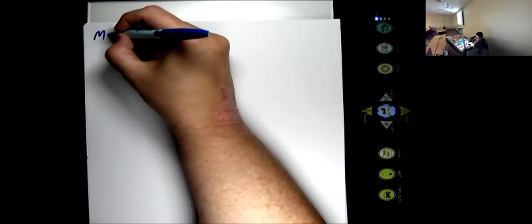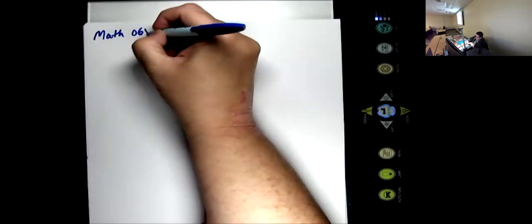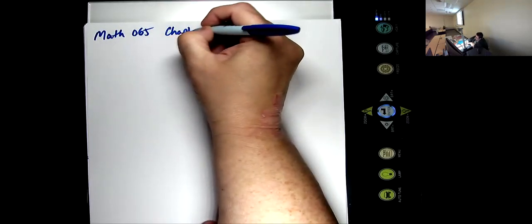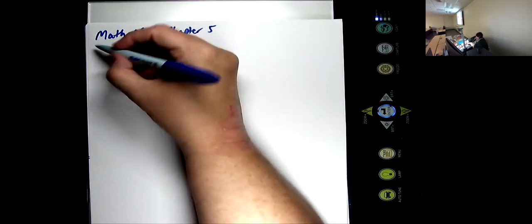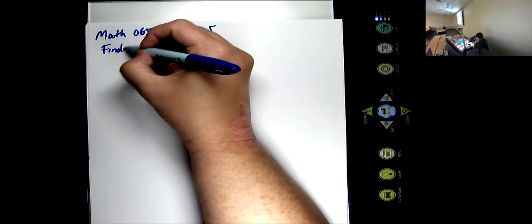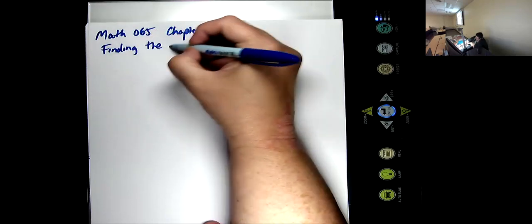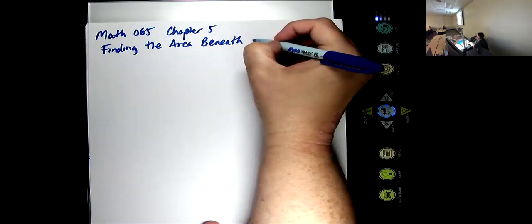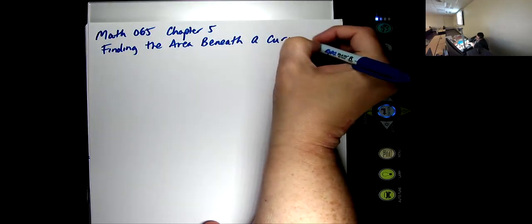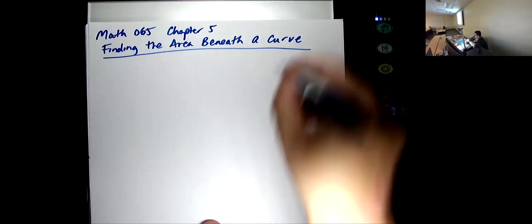So chapter 5 for Calculus 1. This whole chapter is pretty much on finding the area beneath the curve. It's the entire idea.